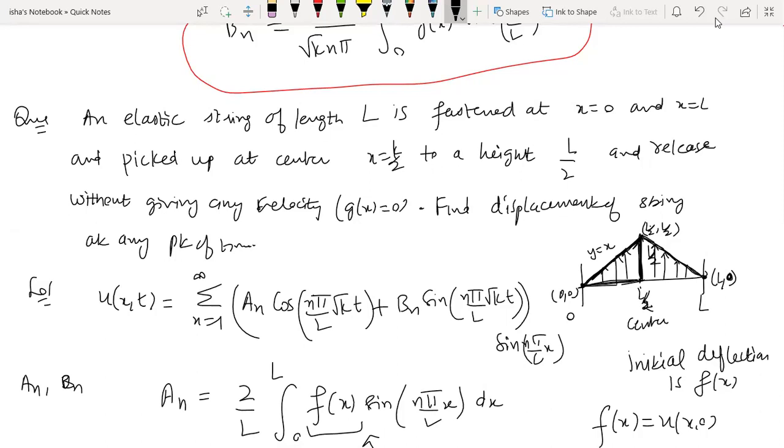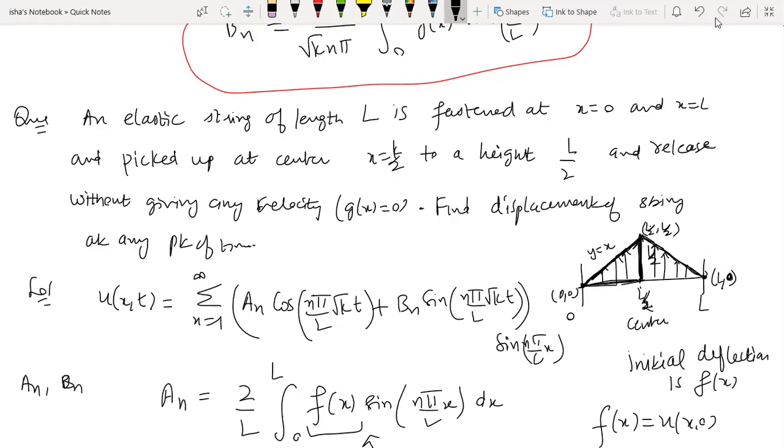The physical meaning of this is actually the initial conditions. They are telling you the initial conditions, because there were two, one was initial displacement and one was initial velocity. For initial displacement, they told you that this is how we give it, by picking it up from the center.